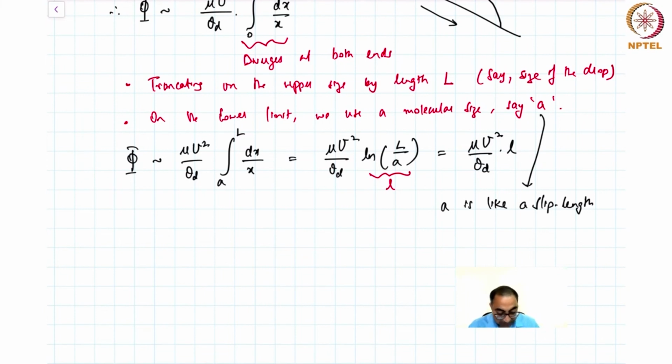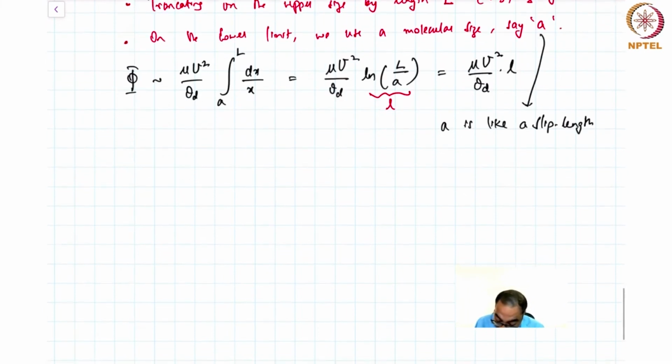And so now that we have phi, we have force. Now we can use the expression F times U, which will now be mu times U square by theta d times L, right?